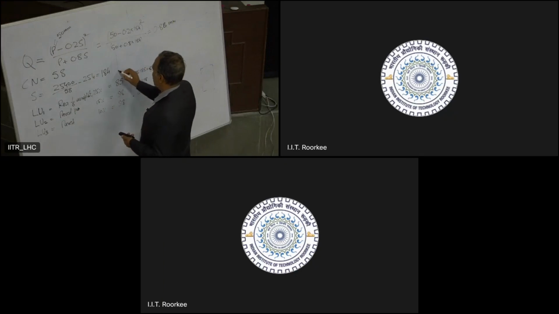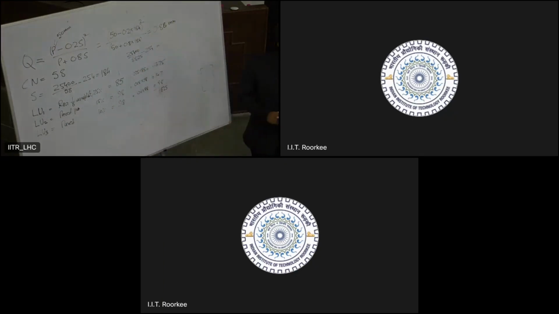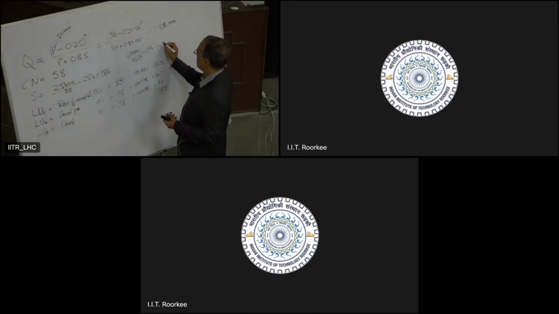And now S would be 25400 divided by 88.25 minus 254. This will be 33.81.